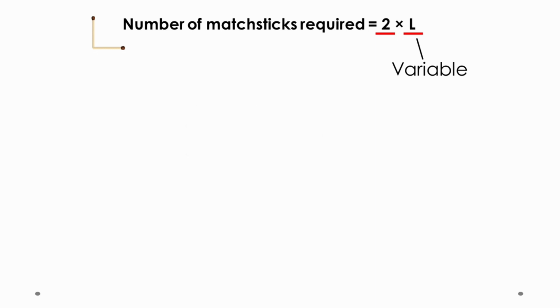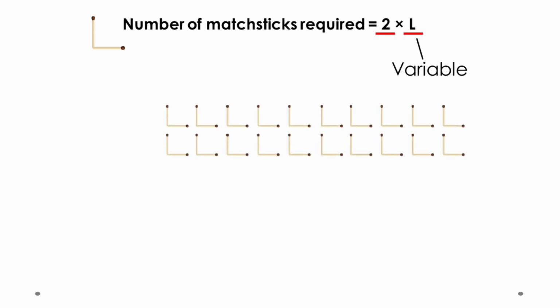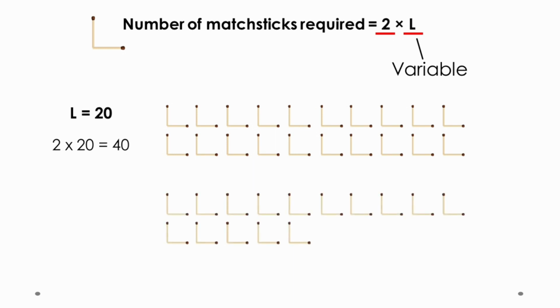For example, as we made 20 L's, the value of variable L was 20. The equation will become 2 into 20, giving us the answer 40. If we were to make 15 L's, the variable L gets the value 15.